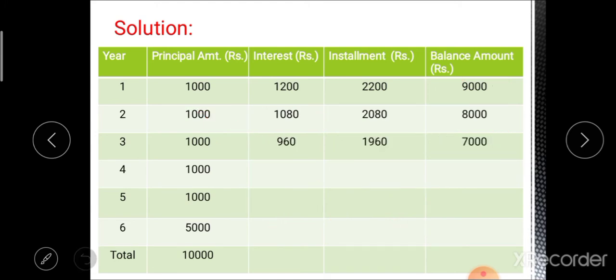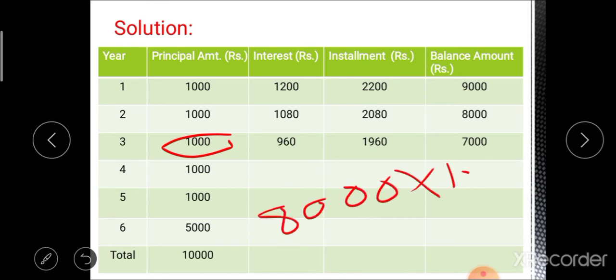After that, the calculation of the third year. In the third year, we already pay 1,000 as a principal amount. Then calculate interest for the third year. The interest is calculated on 8,000 rupees into 12 divided by 100. We get the interest for the third year.